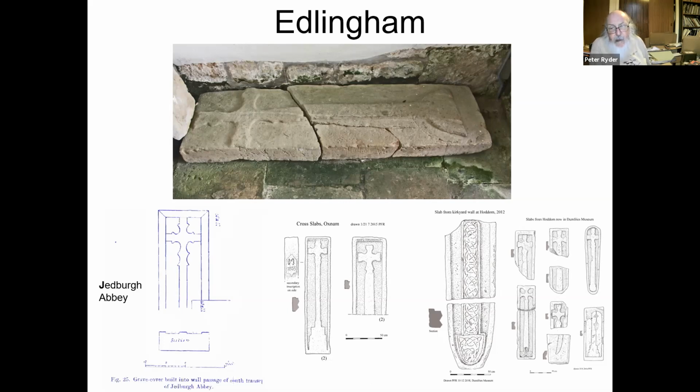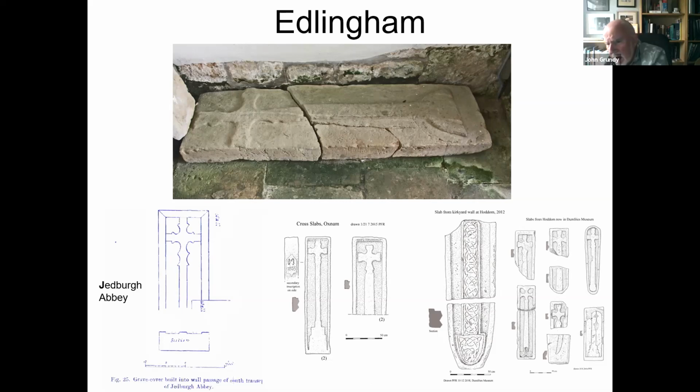Then there's a couple at Oxnam, not far from Jedburgh, and there's a whole series at Hoddom near Dumfries, where there was a very early monastery where Saint Mungo, who was also known as Kentigern, lived at one stage. And people have been uncertain of the date of these things. In fact, one published account says they could be anything between the 7th and the 14th century, which is rather a long time bracket.